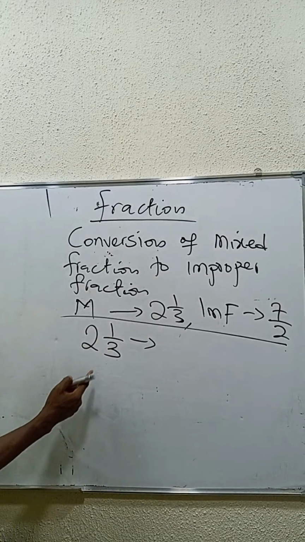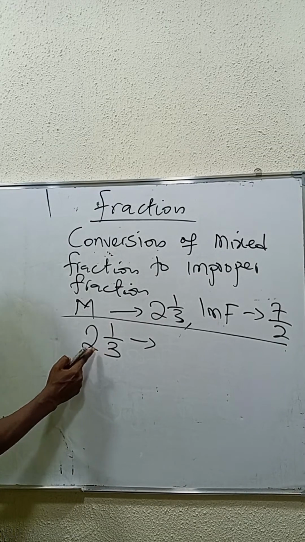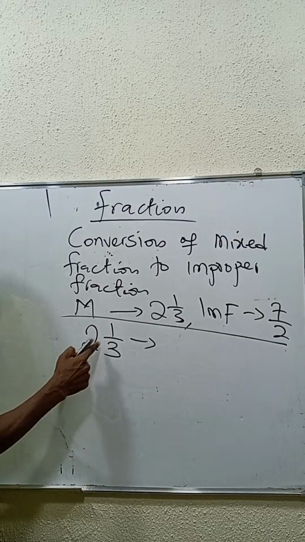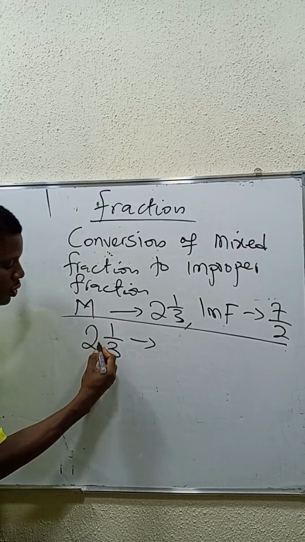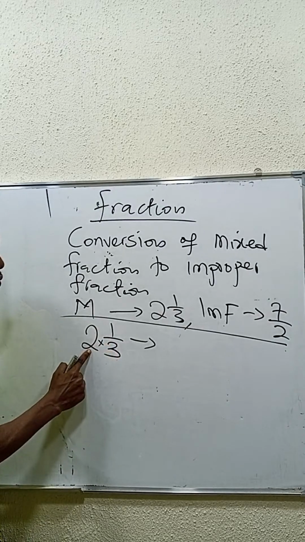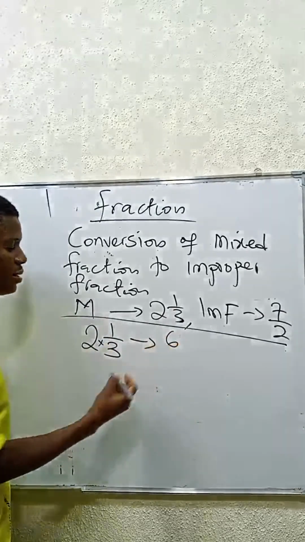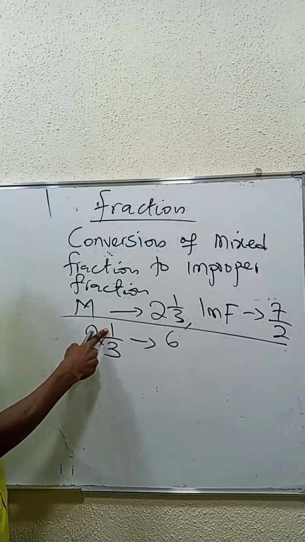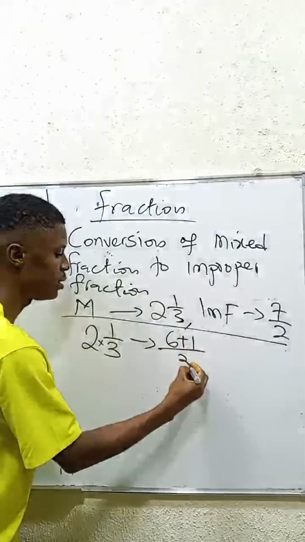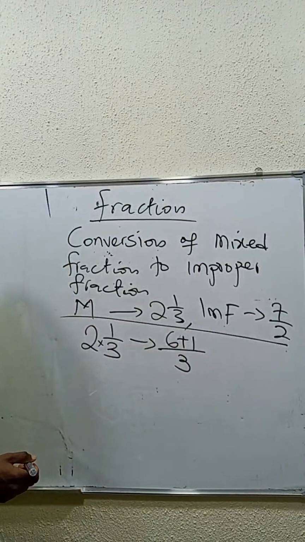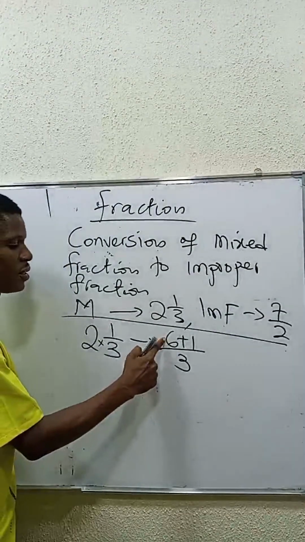The denominator is 3 and the whole is 2, while the numerator is 1. So all you have to do is just multiply. 2 times 3 is 6. Then add the numerator, which is 1. Then keep the denominator the same. If you look at this, 6 plus 1 is what?